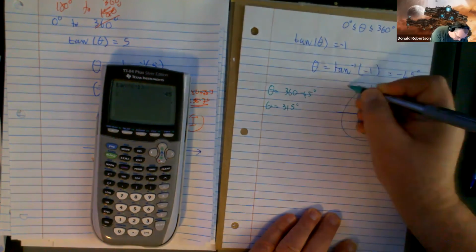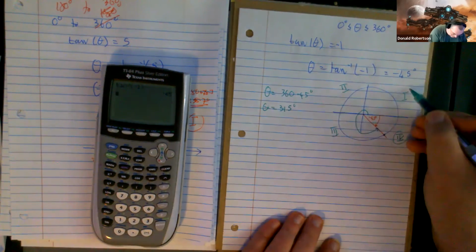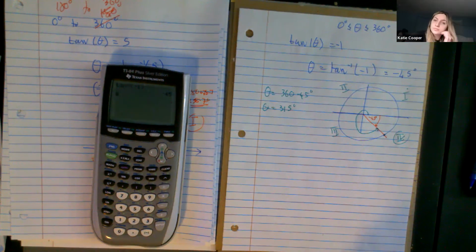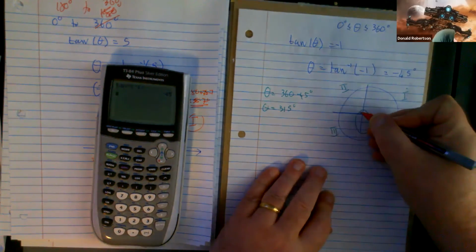But we still have typically two answers. Which quadrant is the other quadrant where a tangent is negative? 2. If we do where that would go, wouldn't that be up here?